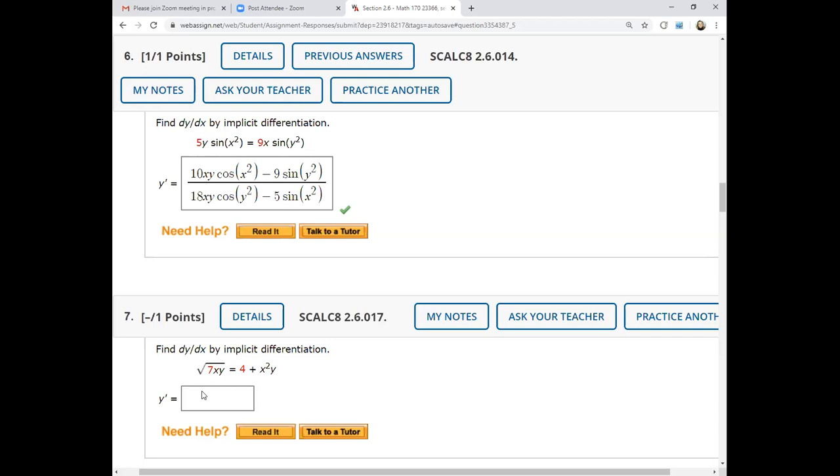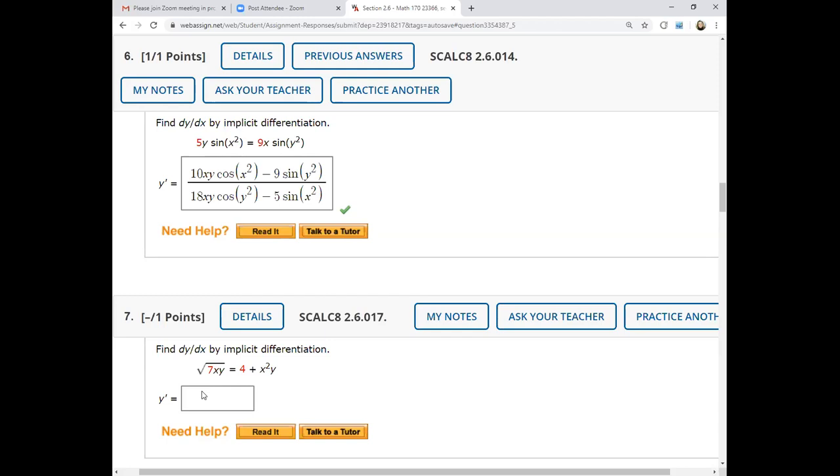And because I have all those fractions, they all get distributed to all those terms, and it just makes it messy. On the other side, I have 2xy plus x squared dy dx.